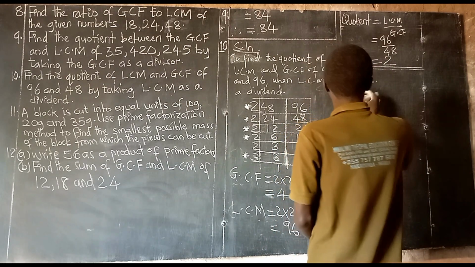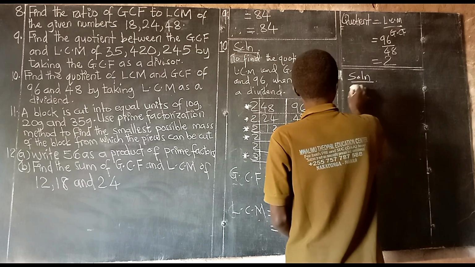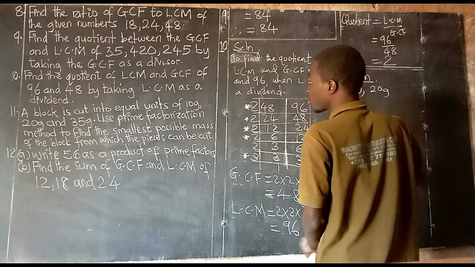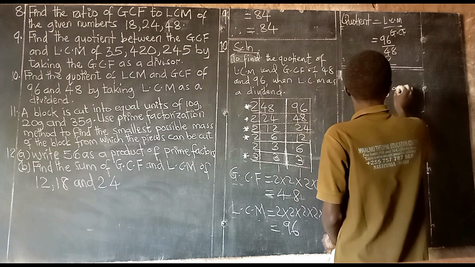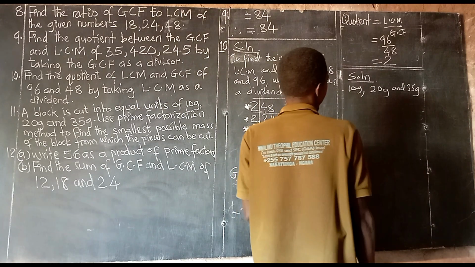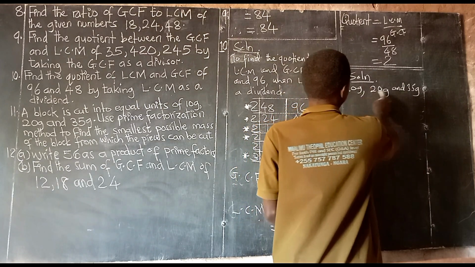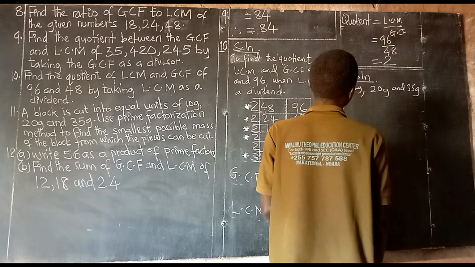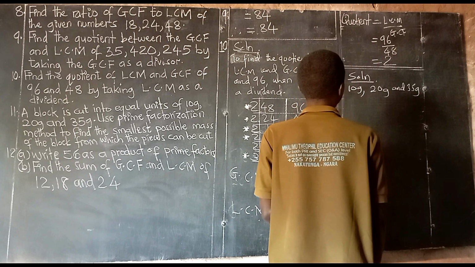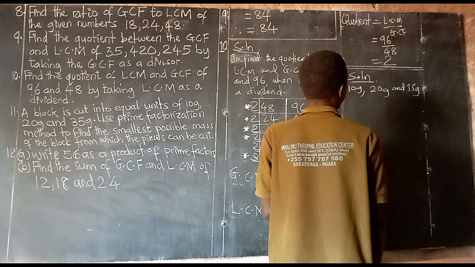We have 10 gram, 20 gram, and 35 gram. By using the factors of each, we are restricted to the prime factors only.